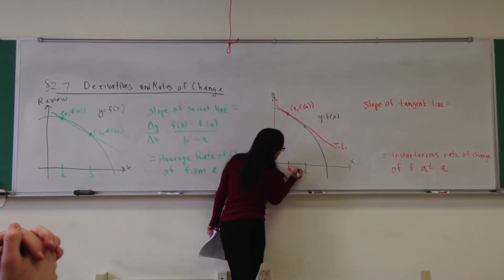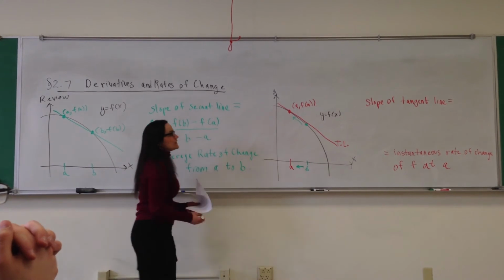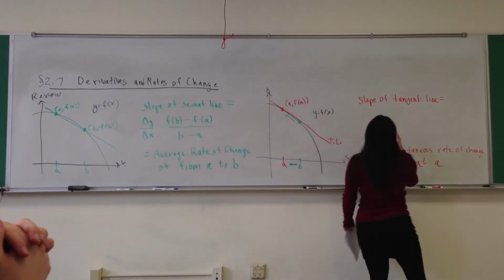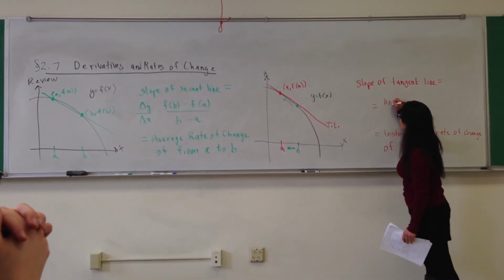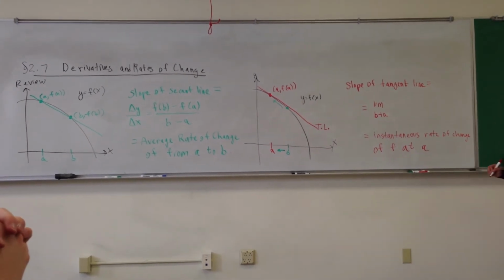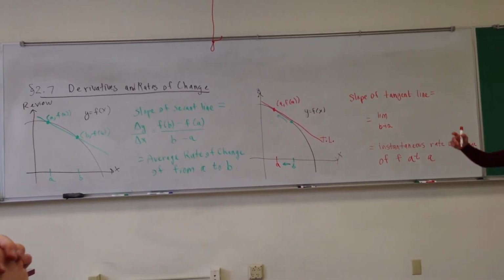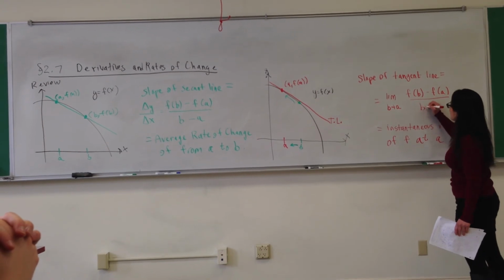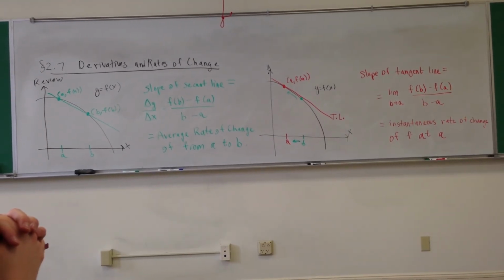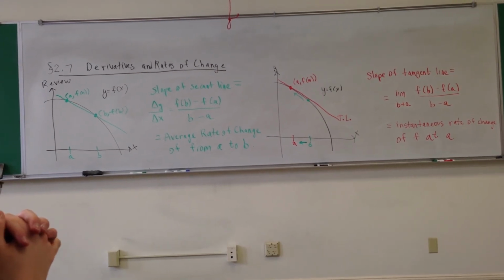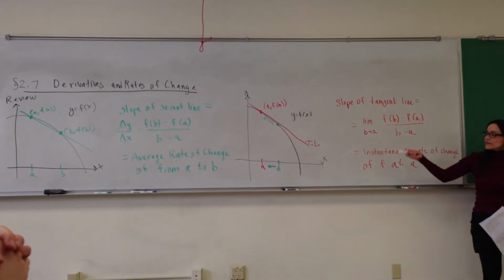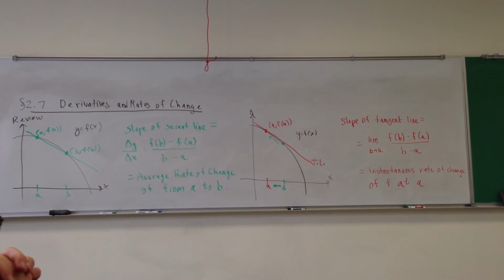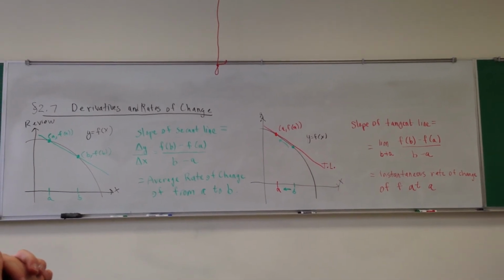Move them closer and closer to A. And so we take the limit of the slope of the secant line as B gets closer and closer to A. So the slope of the tangent line is going to be the limit as B approaches A of the slope of the secant line, which is f of B minus f of A over B minus A. So the slope of the tangent line is the limit of the slope of the secant line as the point B approaches A, which in terms of rates of change, that's the instantaneous rate of change of the function at A.